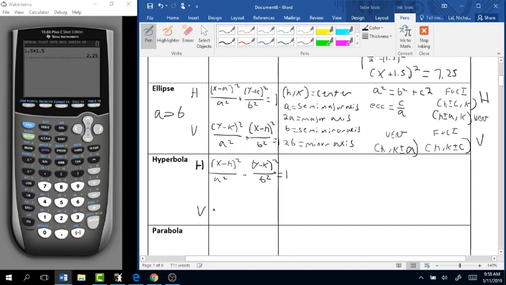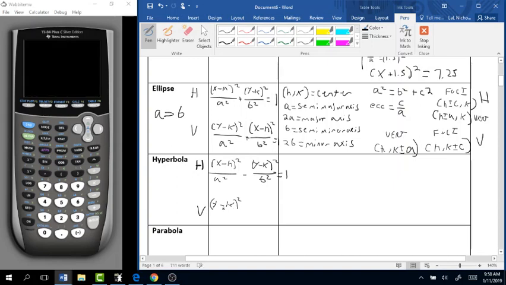For the vertical hyperbola, it'll be (y − k)²/a² − (x − h)²/b² = 1.